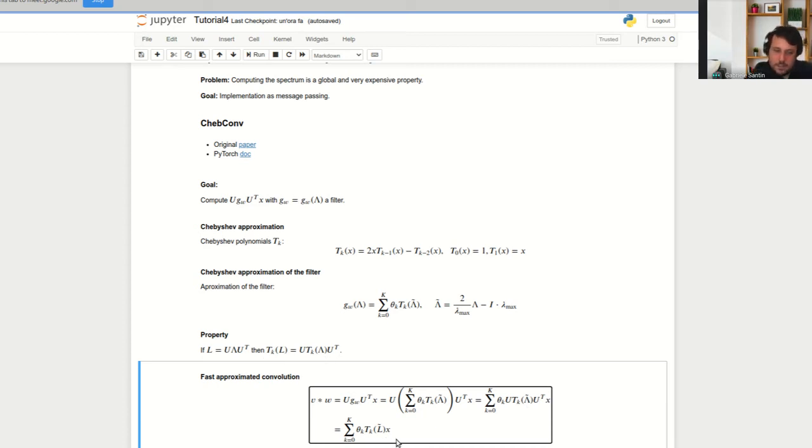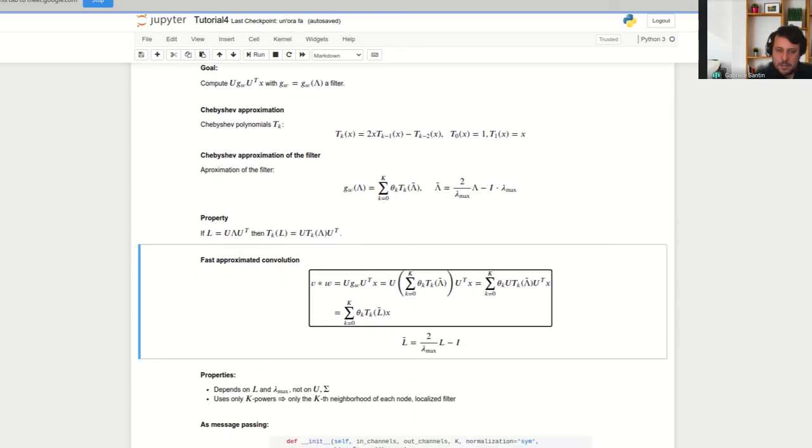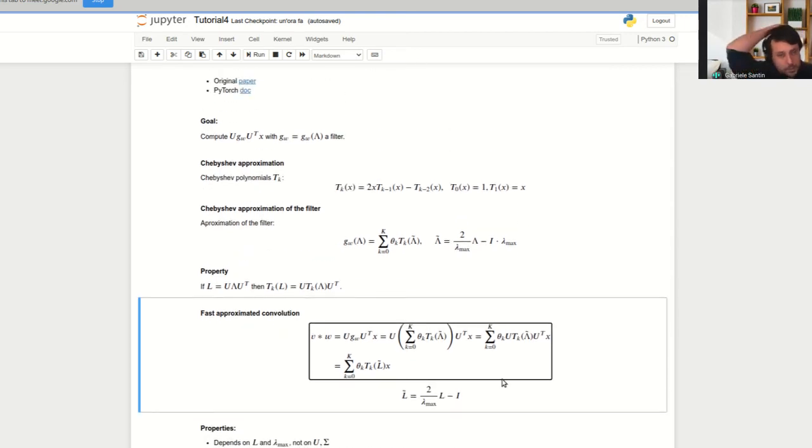We get this final expression, which is a finite sum with capital K coefficients theta k, which have to be defined. Then there are the Chebyshev polynomials, which are easy to compute, applied to L tilde, a rescaled version of the Laplacian: given the Laplacian, you scale by the maximal eigenvalue and subtract 1.